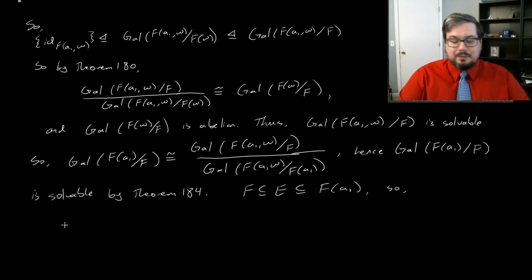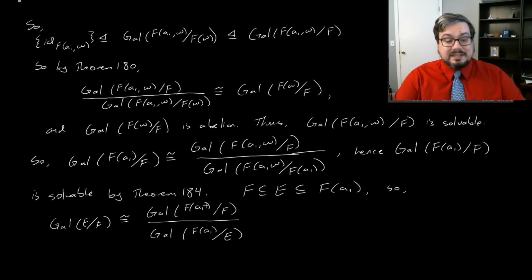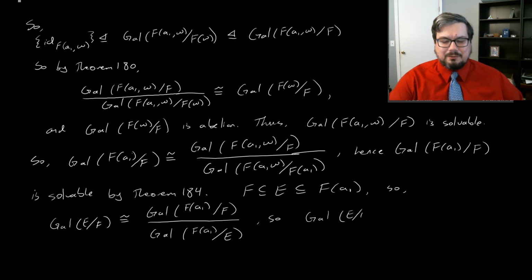So we have that the Galois group of E over F is isomorphic as groups to the Galois group of F of a1 over F mod the Galois group of F of a1 over E. And once again, we know that the top group here is solvable. So the Galois group of E over F is solvable. Definitely don't want to miss out on that last step. Again by Theorem 184.